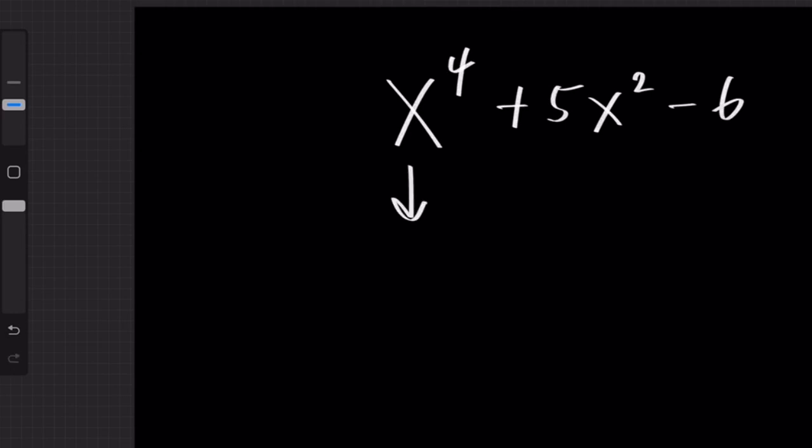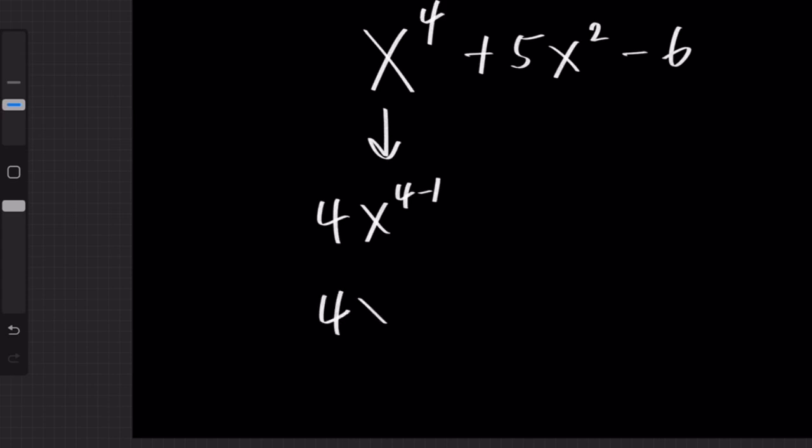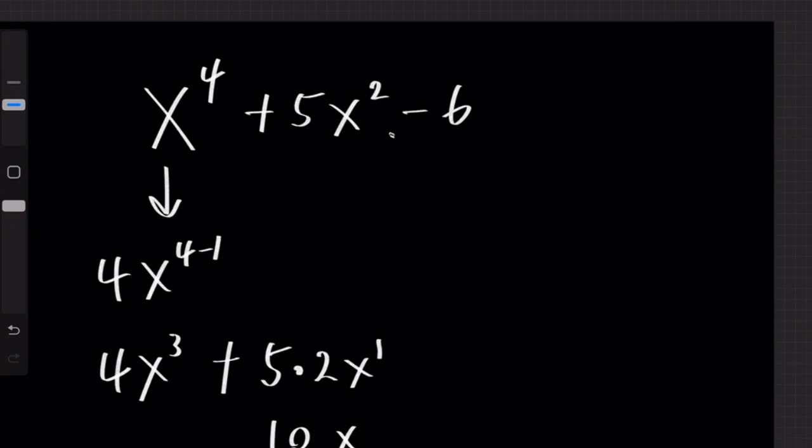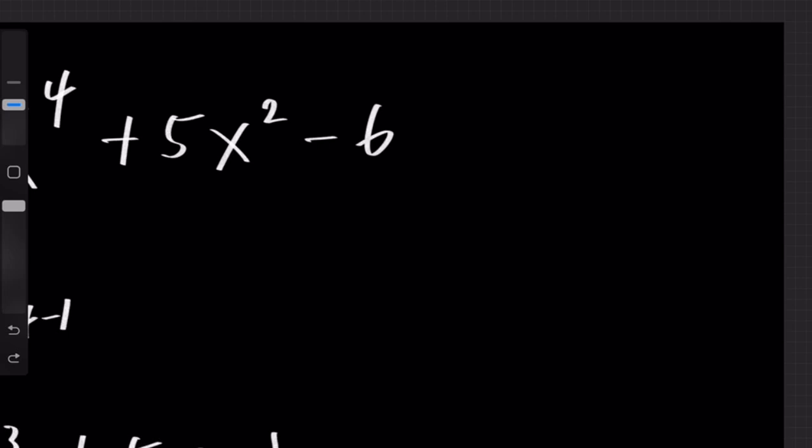If we apply the power rule, that's going to be 4x to the power of 4 minus 1, which is 4x to the power of 3. And we do that again. That's going to be 5 times 2x to the 1, which is going to be 10x. And the derivative of a number is going to be 0, obviously, because it's just a number, so it's a horizontal line, and there's no changing y on the horizontal line.